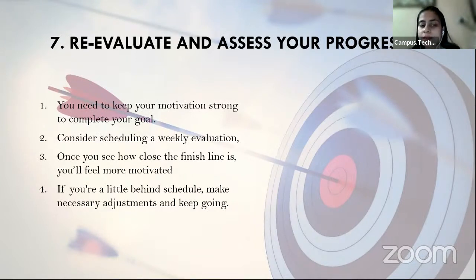If you are a little behind schedule, make necessary adjustments and keep on going. If you are lagging somewhere, it's okay. Make necessary changes and keep on moving towards achieving your goals. That's why we say reevaluate and assess your progress, so that if required, you can make those necessary adjustments.